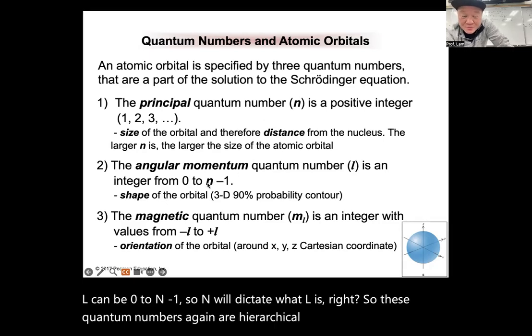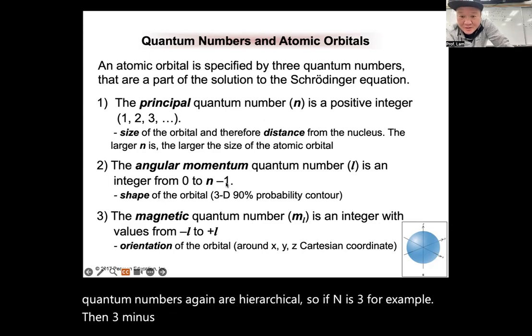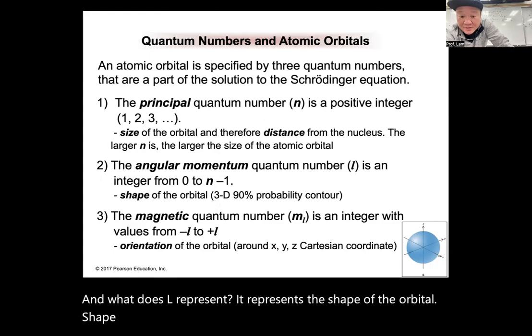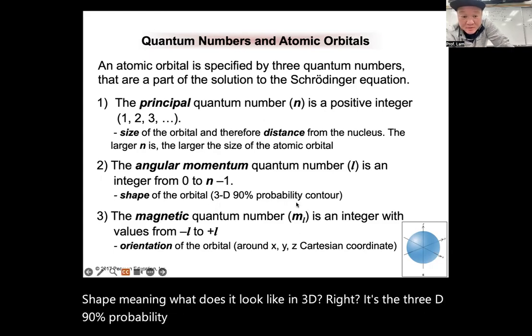So if n is 3, for example, then 3 minus 1 is 2. So L can be 0, 1, 2. And that's it, right? And what does L represent? It represents the shape of the orbital. Shape, meaning what does it look like in 3D, right? It's the 3D 90% probability contour of that orbital.